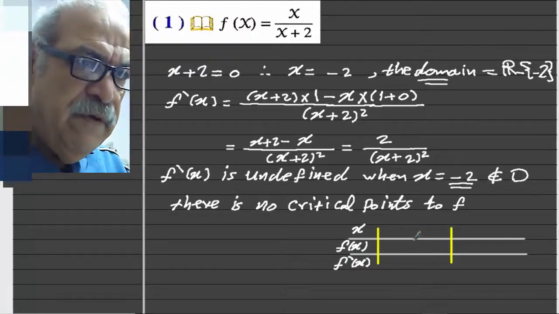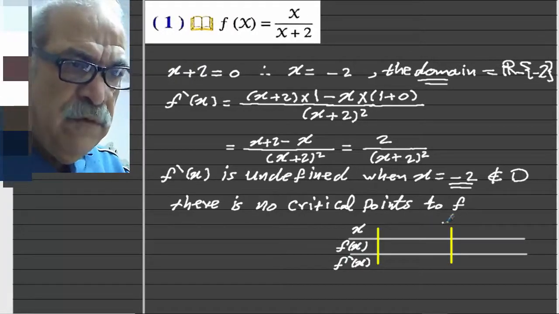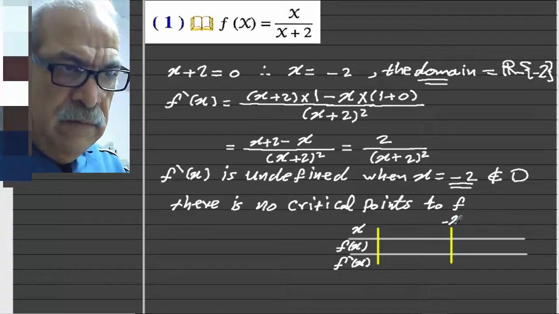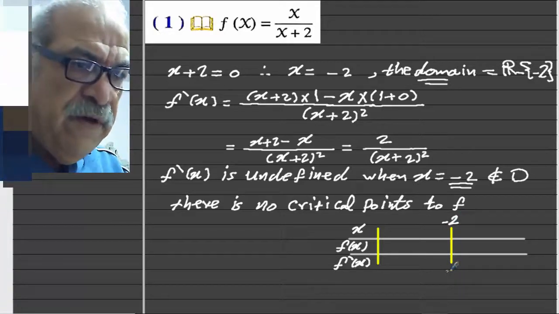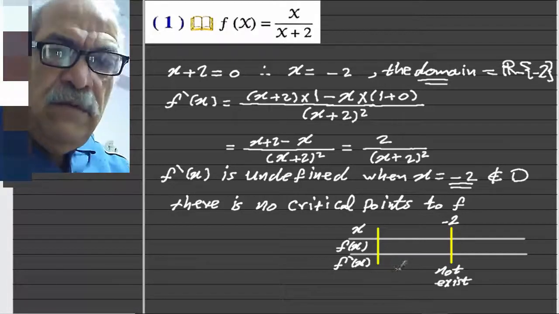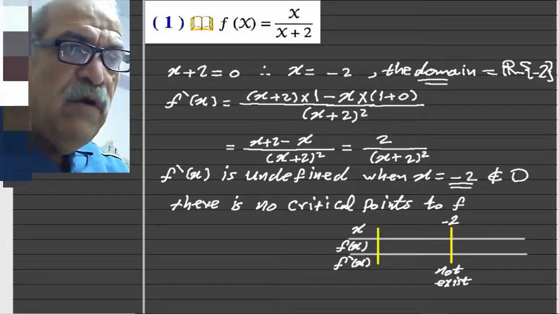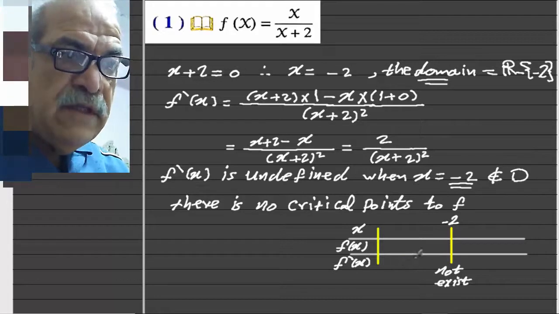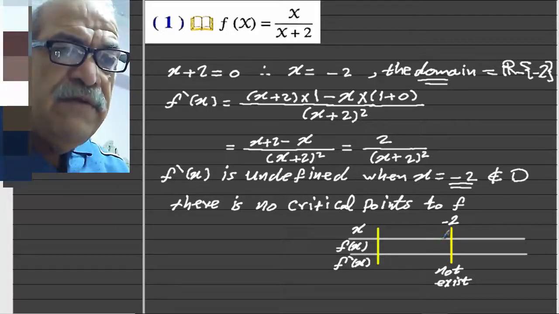Here we have when x equals negative 2, f dash of x is undefined, and you can write it does not exist. Now we will determine the sign of f dash of x about the point negative 2.